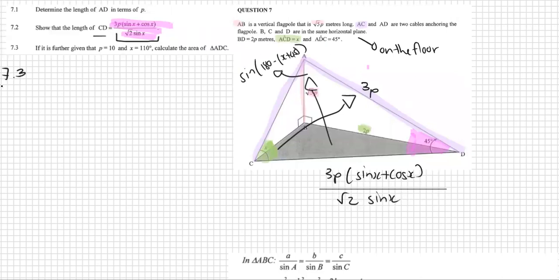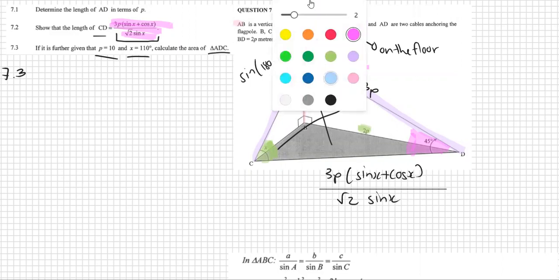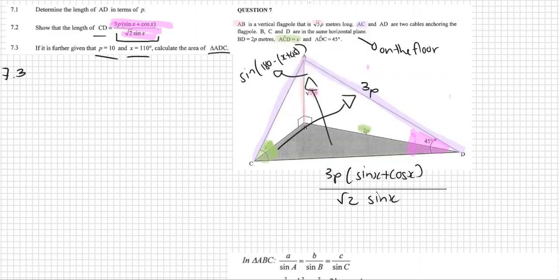Question 7.3, they give an actual value for P and an actual value for X, and they want the area of ADC. So that's this front area here. Okay. So first part is, well, we were given that P, we can work out what CD actually is now, because CD was equal to 3p sine x plus cos x.